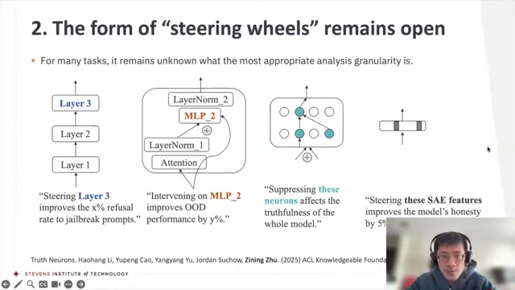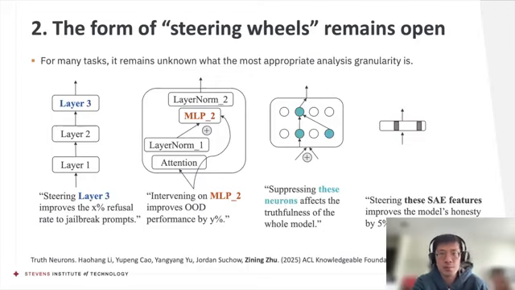Now, there is another intuition about the steering wheels. The form of the steering wheels remains open. We believe that there is no fixed form of the steering wheels specific to the actual type of problems. Some people also use the word granularity to describe the forms.